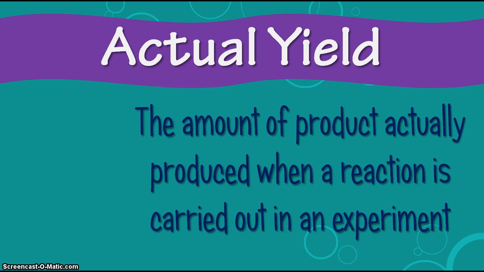Actual yield is the amount of product that is actually produced when a reaction is carried out in an experiment. This would be you working in a laboratory setting, measuring out a specific amount of reactant, and determining the specific amount of product in the laboratory.